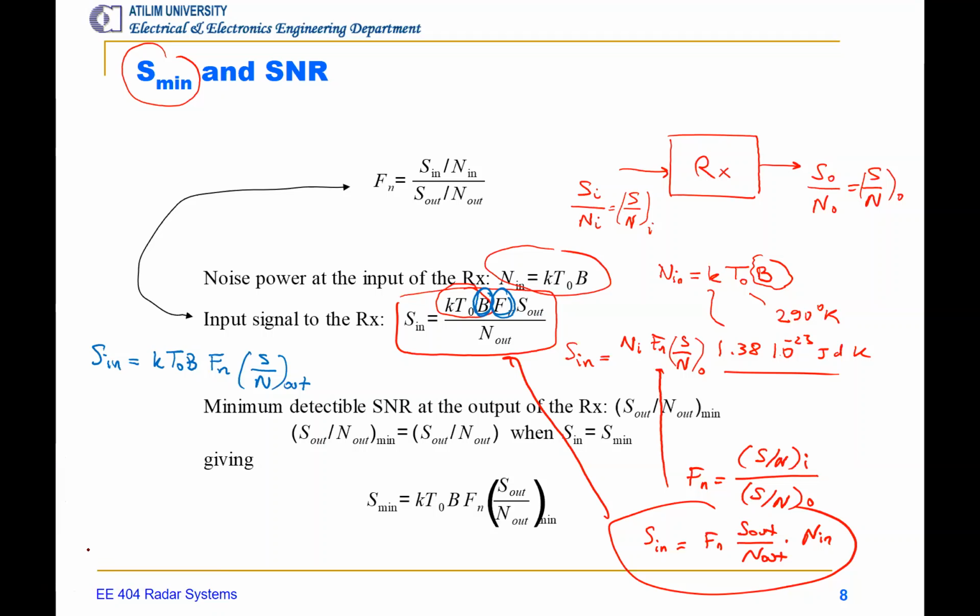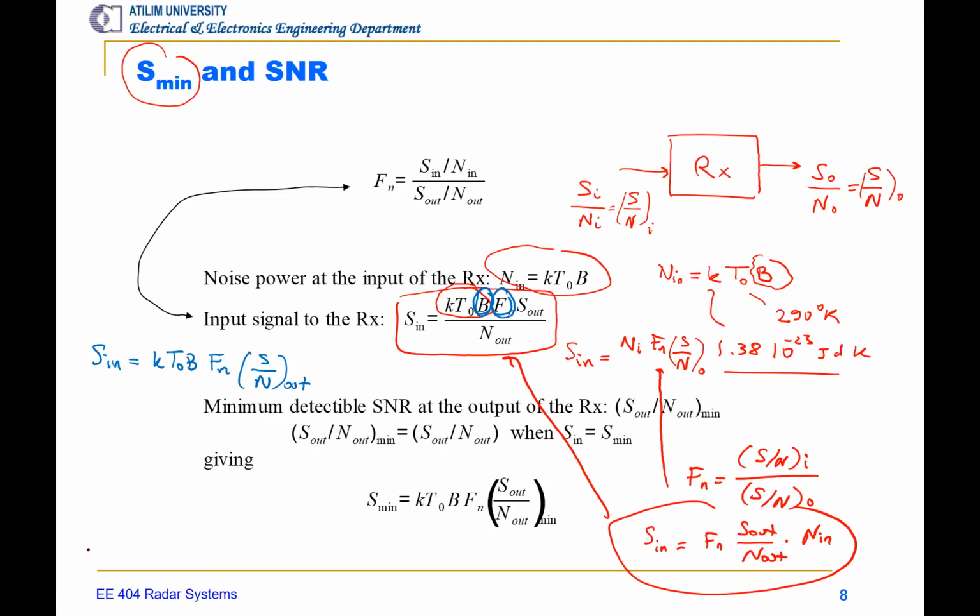Now, at the maximum distance, so the range, for radar range, we get minimum signal power.